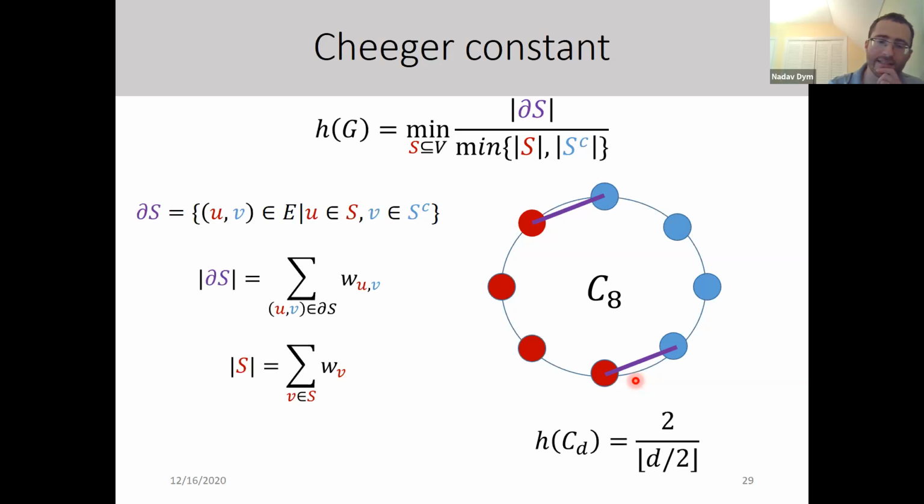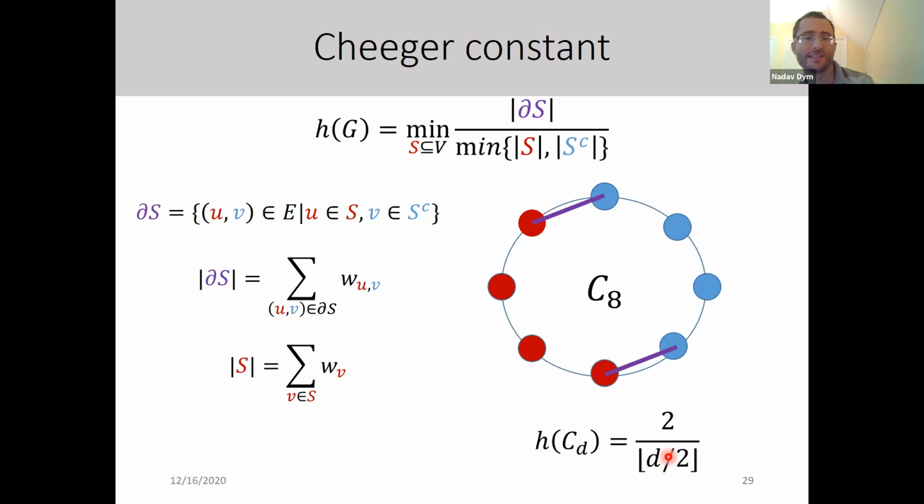So what you'd get here is that the boundary is 2 and the size of the set S is D over 2, which is 4 in this case. This is for a specific set, but actually this is the one which achieves the minimum. So that is the Cheeger constant for a cyclic graph with D vertices. Okay, so that's the Cheeger constant.